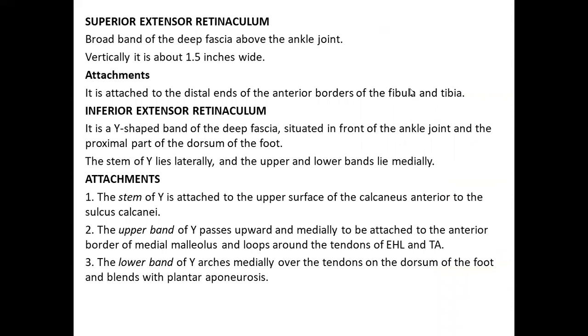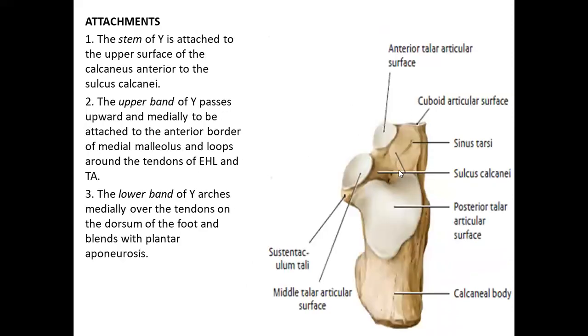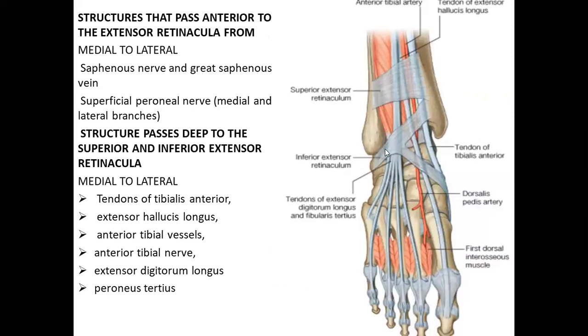The inferior extensor retinaculum is a Y-shaped band of deep fascia and it lies just anterior to the ankle joint. The stem of this Y lies laterally, whereas medially it divides into an upper band and a lower band. This stem of the Y is attached to the anterior non-articular surface of the calcaneum.